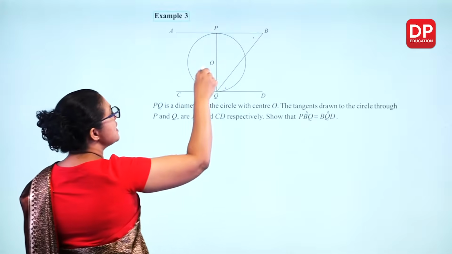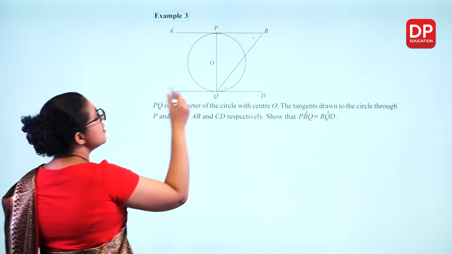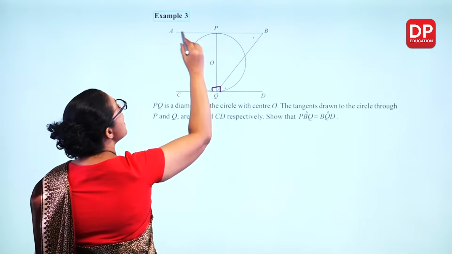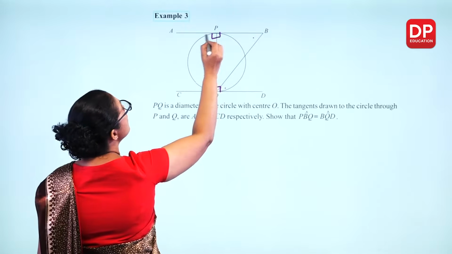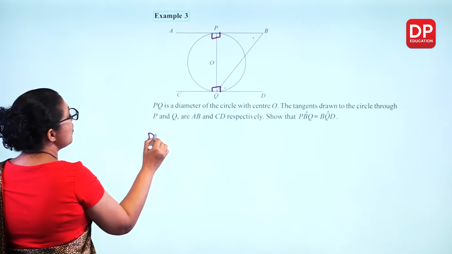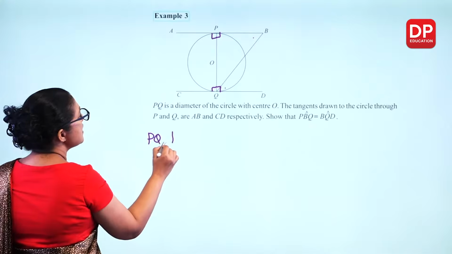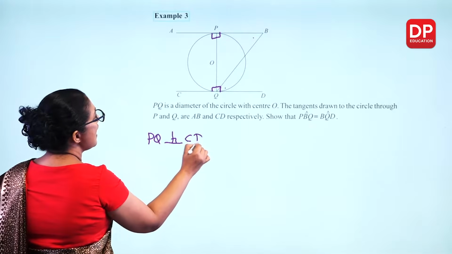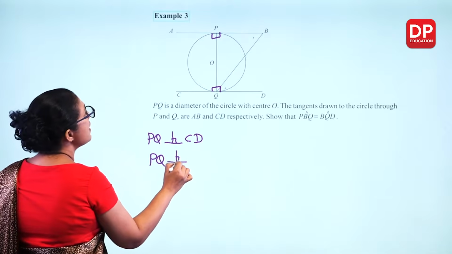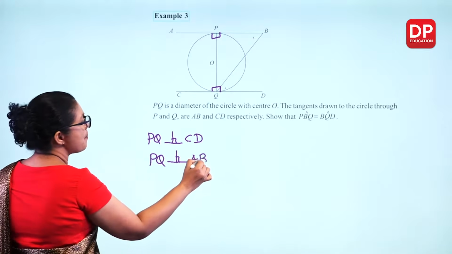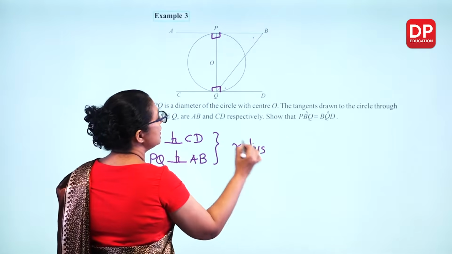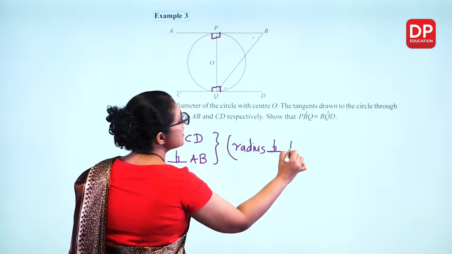PQ is the diameter. So the diameter and the tangent make 90 degrees, and this is also 90 degrees. PQ diameter is perpendicular to the CD line, and the PQ line is perpendicular to AB. According to the theorem, the radius is perpendicular to the tangent.